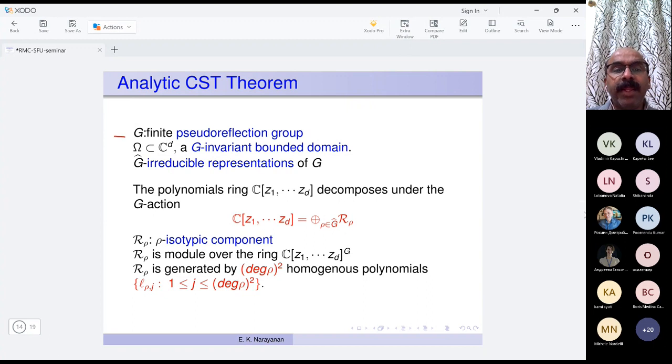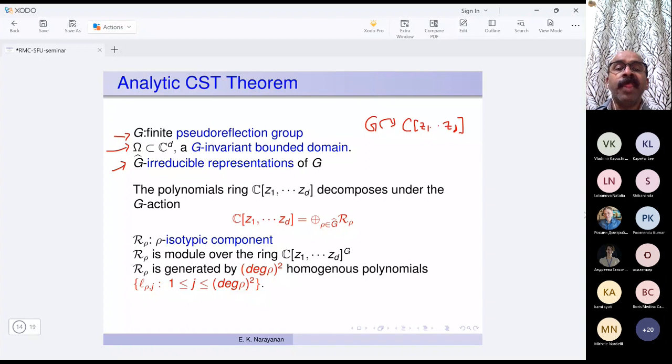I start with a finite pseudo reflection group and a G-invariant bounded domain. Ĝ is the set of equivalence classes of irreducible unitary representations of G; G is finite, right? Now you look at the G action on the polynomials z_1, z_2, z_3.